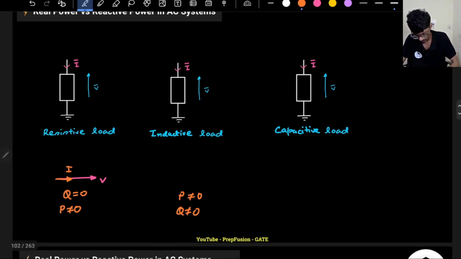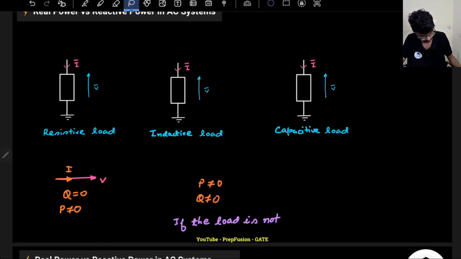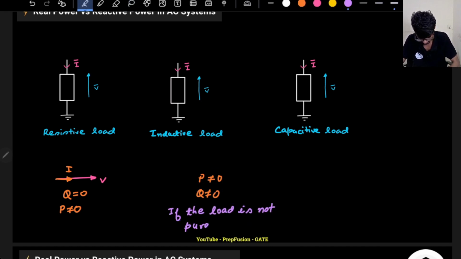I will write here, if the load is not purely inductive or capacitive, then P will not be equal to 0.